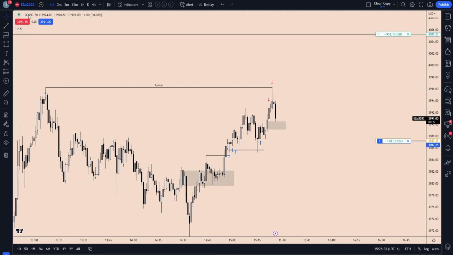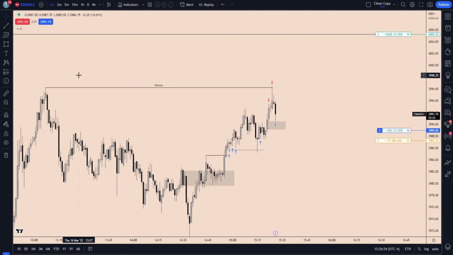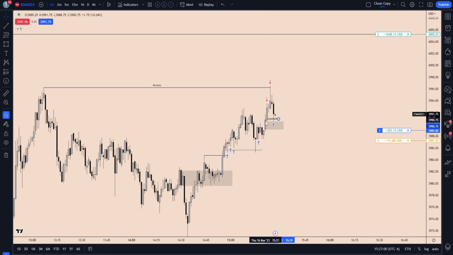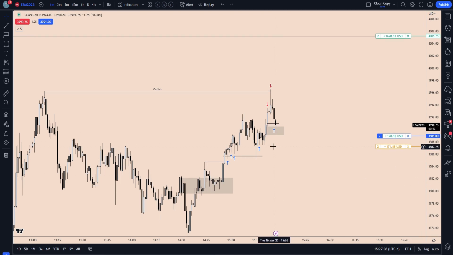I'll actually go ahead and throw one more contract in. I'm also looking at this volume imbalance here. If we're going to remain bullish, we should hold here. If price breaks through these lows, I'm really not interested in being in any longer.